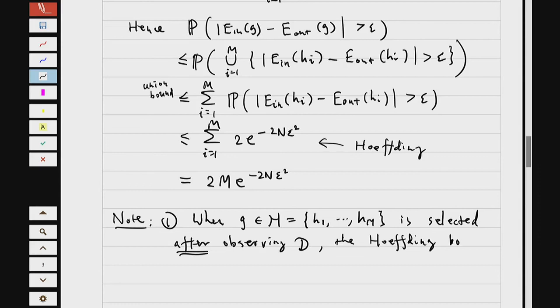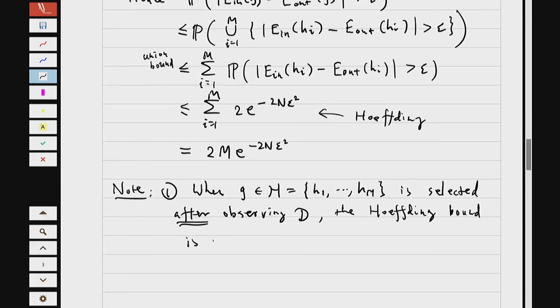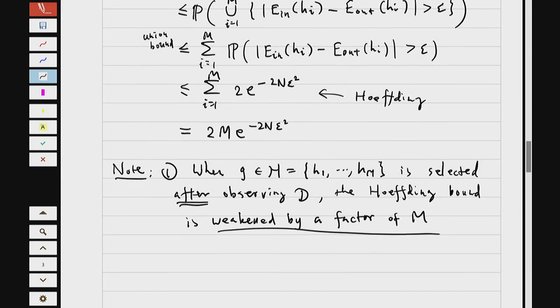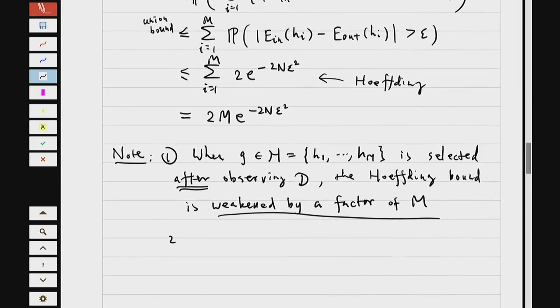In fact, if you use the Chebyshev bound, it's the same thing. It's going to be weakened by a factor of M. But to some extent, it's still okay.